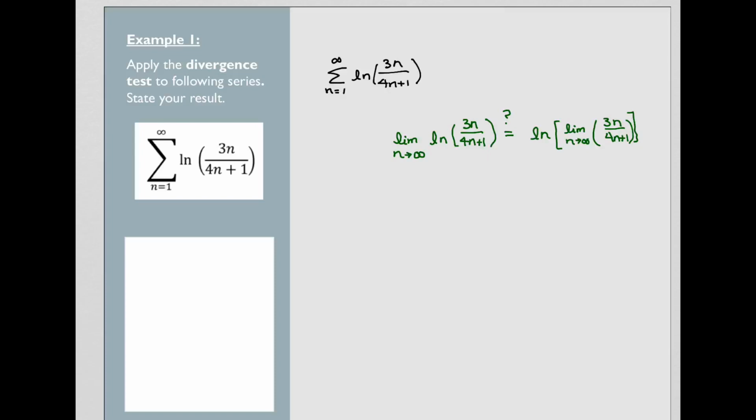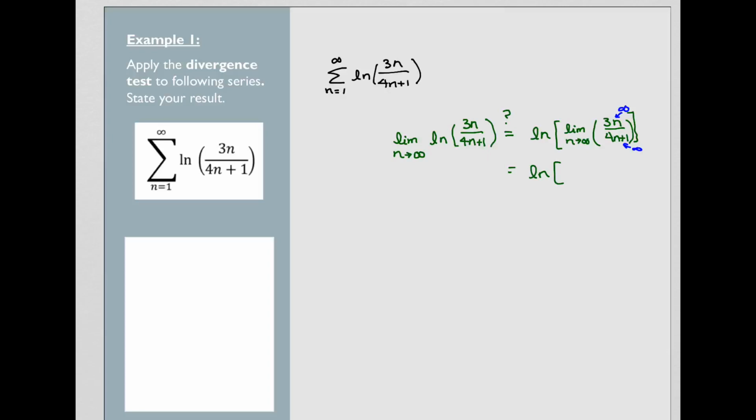It's a continuous function. All is good there. So now let's take a deeper look. So really, we're just asking ourselves, what is the limit as n goes to infinity of 3n over 4n plus 1? That's like infinity over infinity at first glance, right? The top would go to infinity, the bottom would go to infinity.